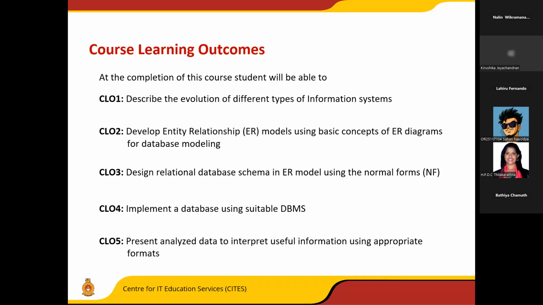So how these databases started, and how these information systems evolved, and the foundation for databases created, and how we can store the data in it, and how these tables are arranged, and how we could provide the security for these tables, and how the relationships between the tables in a database can be provided. So once you start following this particular course, you will come to know about these relationships.